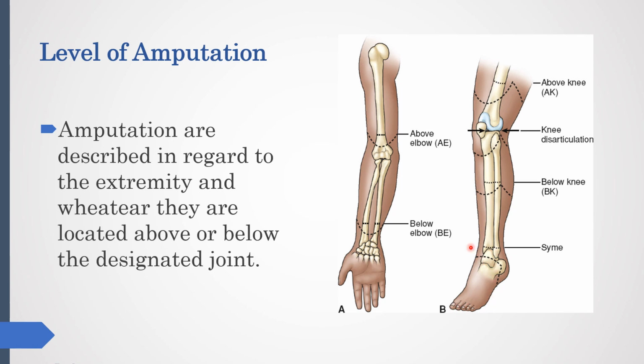In the upper extremity, it could be at the elbow joint, above elbow or below elbow. You can see the shape after the surgery, which is the goal, to keep these shapes for the prosthesis.